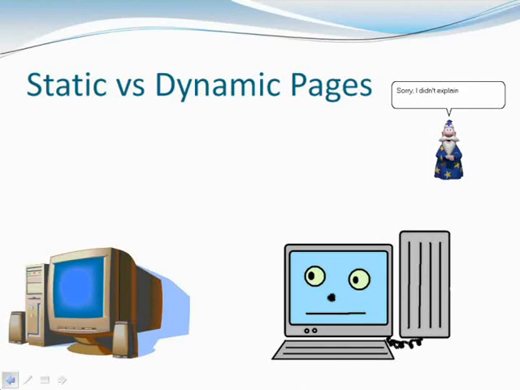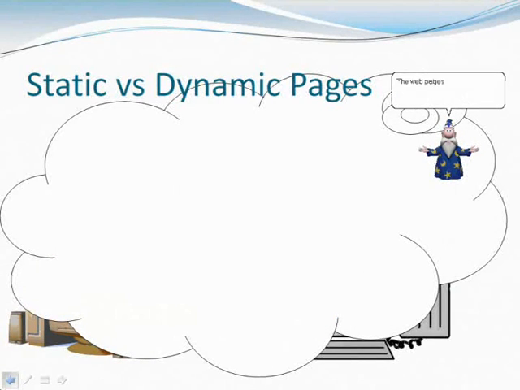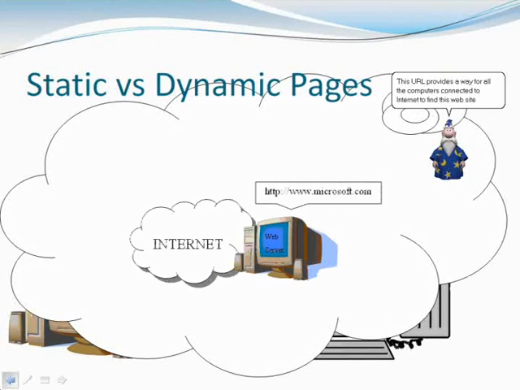Sorry, I didn't explain what a web server is, so let me take a couple of minutes to do that. The web pages you see in your browser live on a web server somewhere. The web server hosts the pages in a public address or URL for them. This URL provides a way for all the computers connected to internet to find this website.